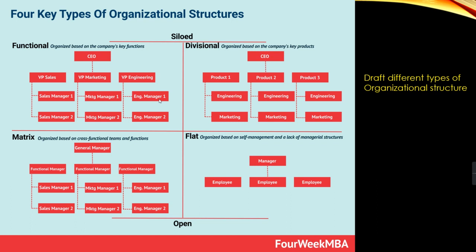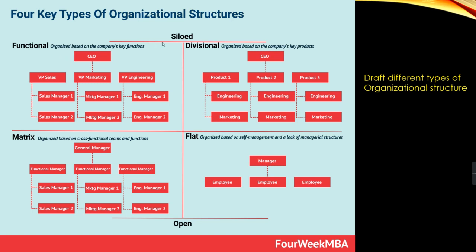Here you can see draft different types of organizational structure. There are 4 organizational structures. You don't need to write it exactly like this. I have just taken it from some source, and that is why I have presented it like this, because it would be copyright infringement otherwise.